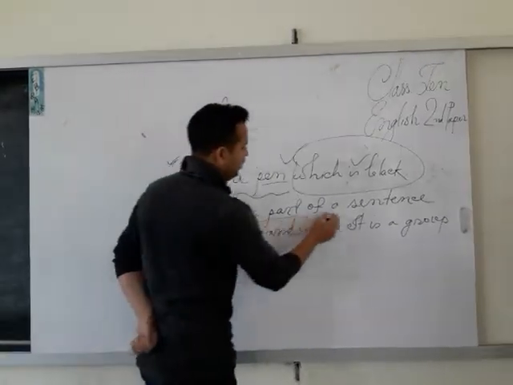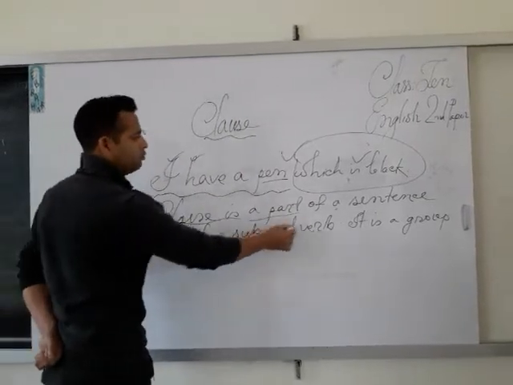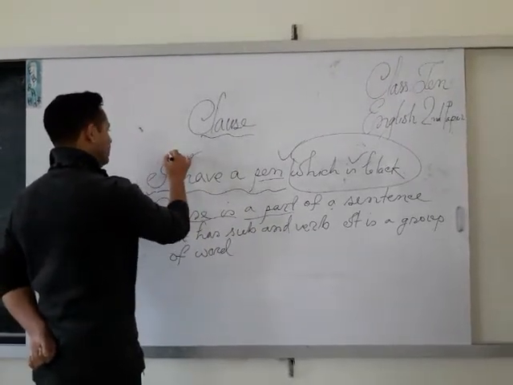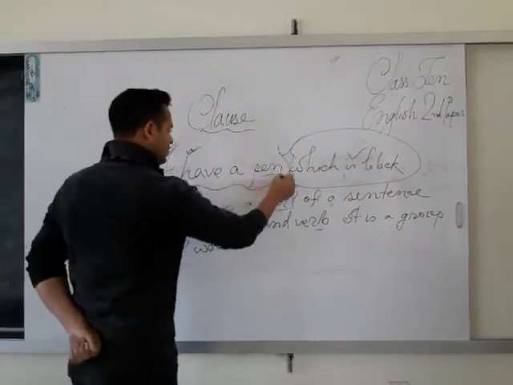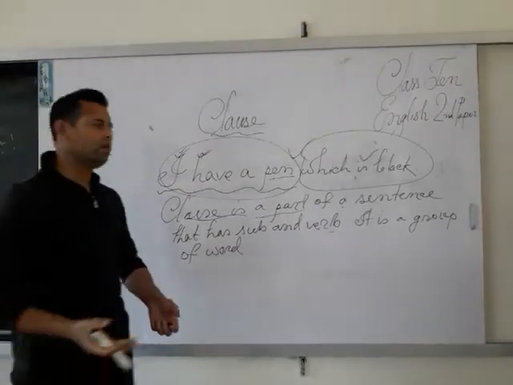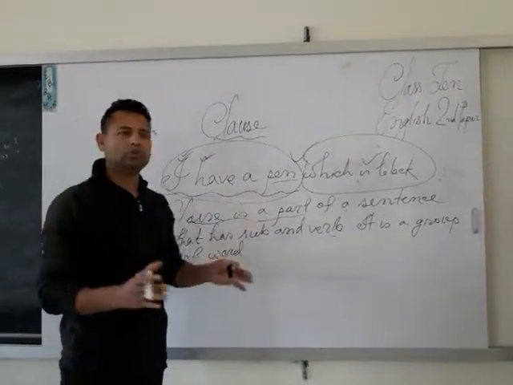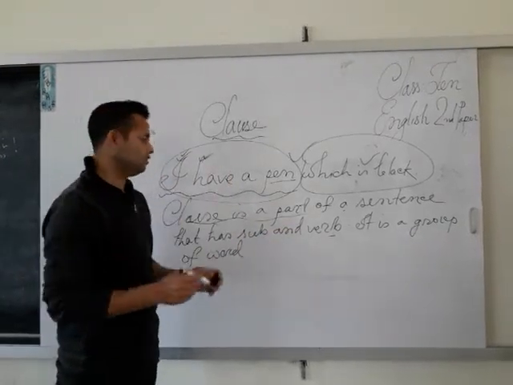This is a part of a sentence that has subject and verb. I is the subject, have is the verb. It can be said a group of words. So I think you have understood what is clause, or the definition of clauses.